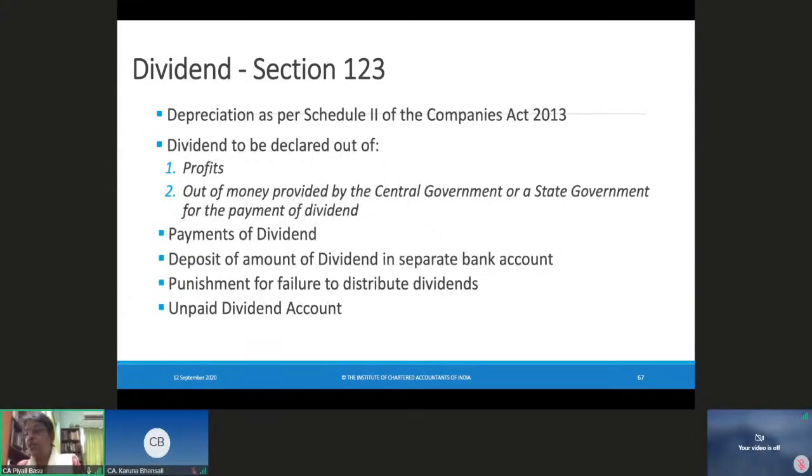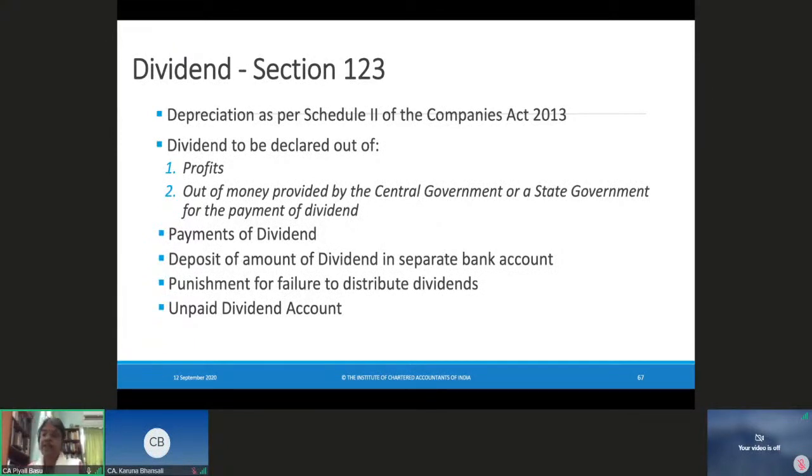Unpaid dividend account, under section 124. Dividend which remains unpaid and unclaimed within 30 days from the date of declaration shall be transferred by the company to a special account called the unpaid dividend account, opened in any scheduled bank.